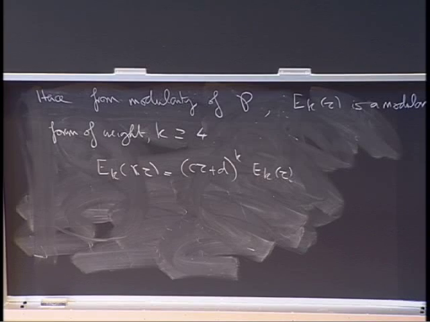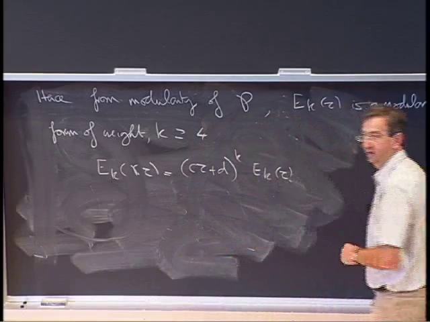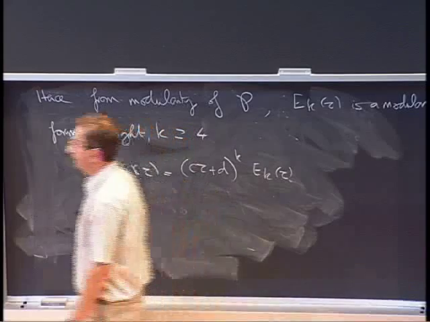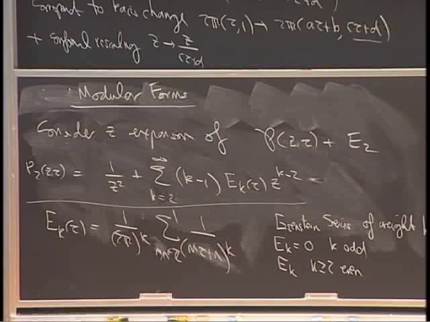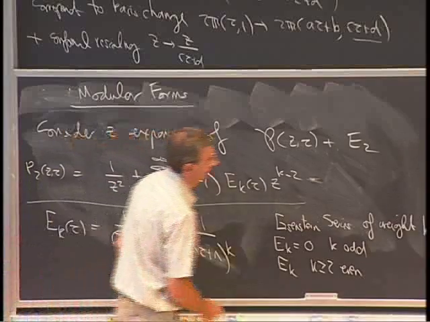So when we come to the VOA stuff, all the modular forms that arise will be Eisenstein series, and there'll be a natural expansion of one-point functions in terms of them, coming directly from this expansion. This is the heart of matters from the point of view of the application we have in mind.